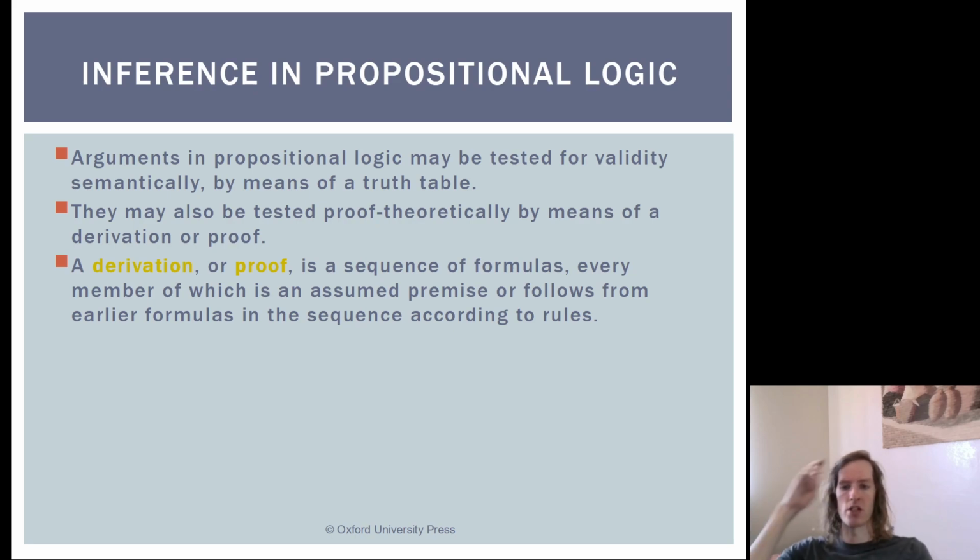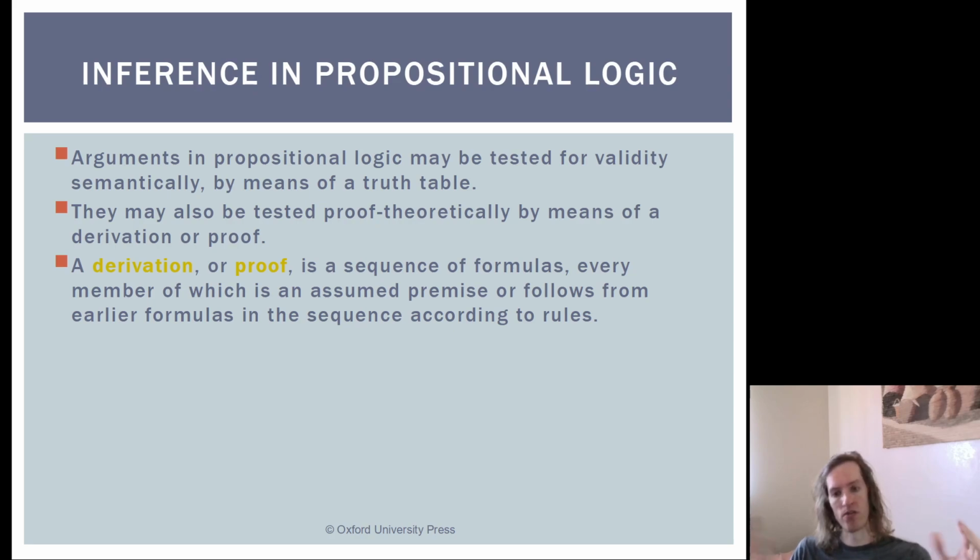So basically what we're going to be doing is starting with our premises and our conclusion, just as we did when we would set up a truth table, but instead of setting up a truth table with all of the possible truth values for the major operators of the premise and the conclusion, we're going to just assume that the premises are true and see if, using only those premises and the rules of inference and equivalence that we'll introduce here, we can manipulate those premises so that we arrive at the conclusion that we're interested in.